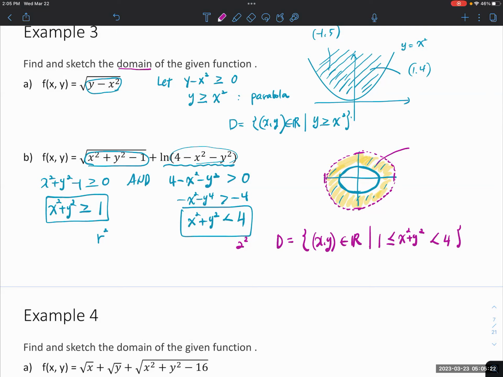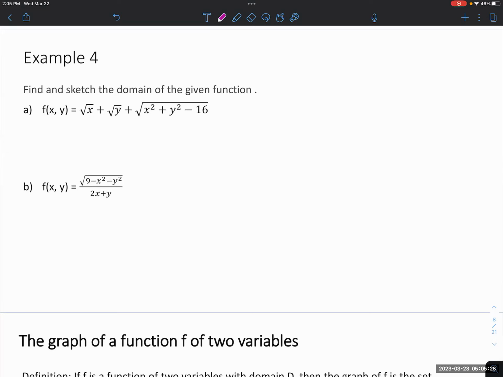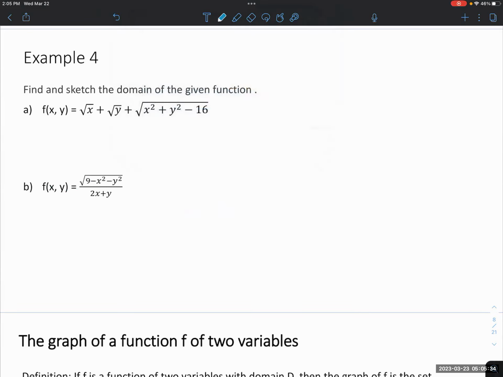One more, a little bit complicated. I have a couple more. Same thing: sketch and find the domain. Step by step, everything step by step. You have 3 different terms, so you have to define the domain of each term, and later find the intersected area as the domain.